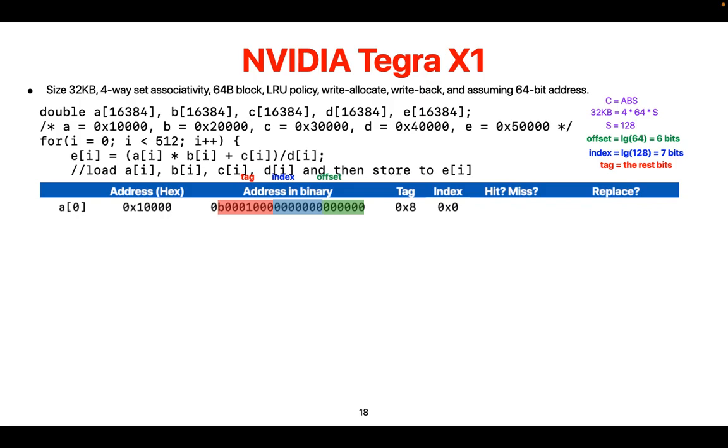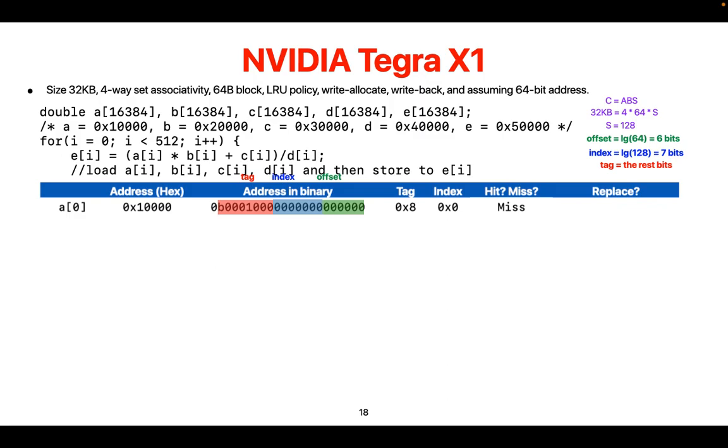Miss. Why? What can you tell is a miss? Because right now, this is the very first element we access for this piece of code, right? So nothing is in there. So this is a miss. Okay. So if that's at the very beginning, do we have anything in the cache yet?